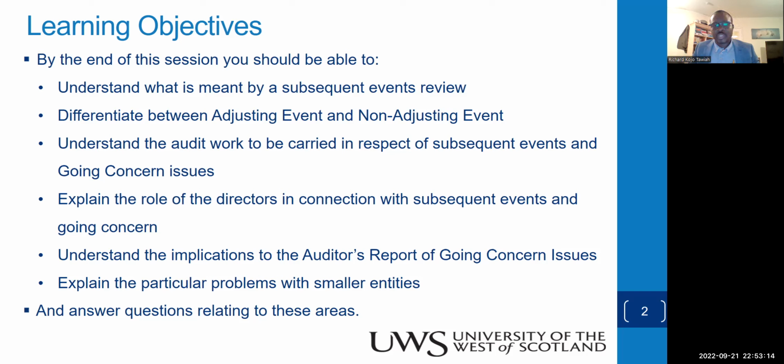What kind of work should we carry out as auditors when it comes to subsequent events and going concern issues? What are the roles the directors need to play? What are the implications to us as auditors on our report on issues of going concern?